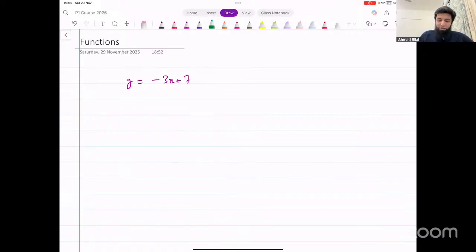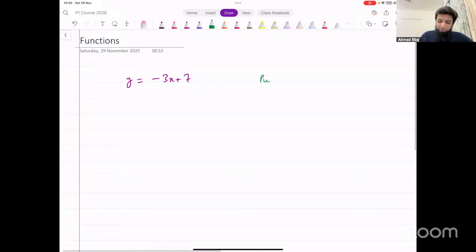If you input some value of x here, for example, if I input x equal to 1, that gives me y equal to minus 3 into 1 plus 7, and that gives me y equal to 4. So when x is equal to 1, this equation gives me y equal to 4.